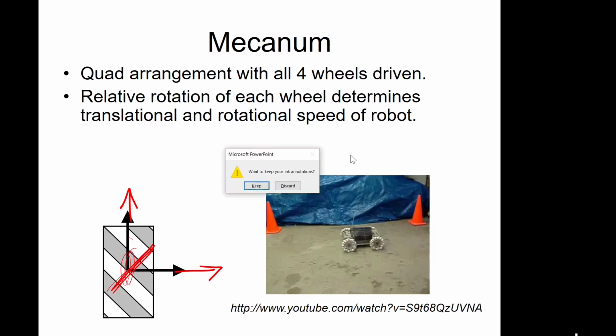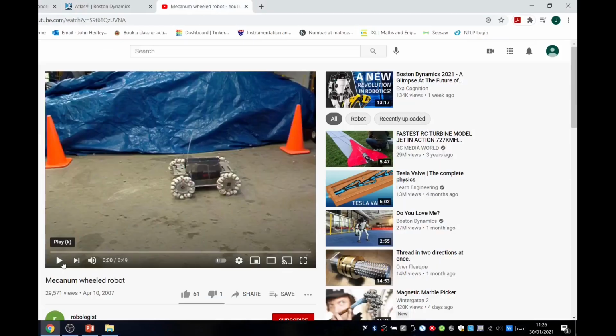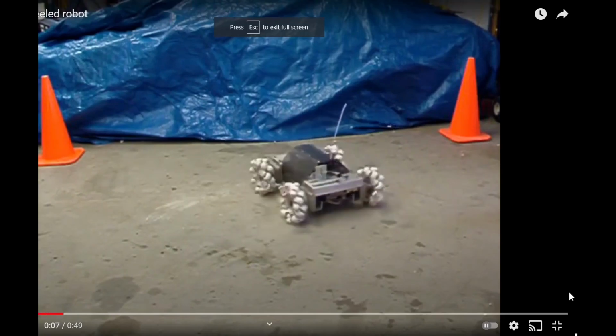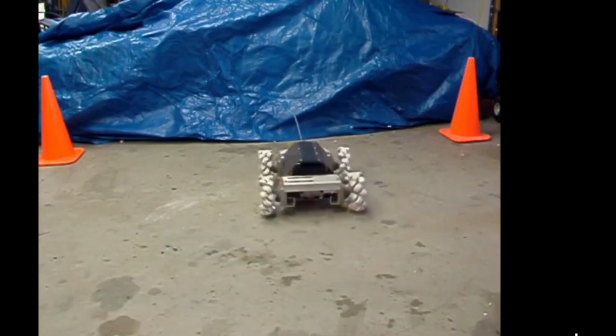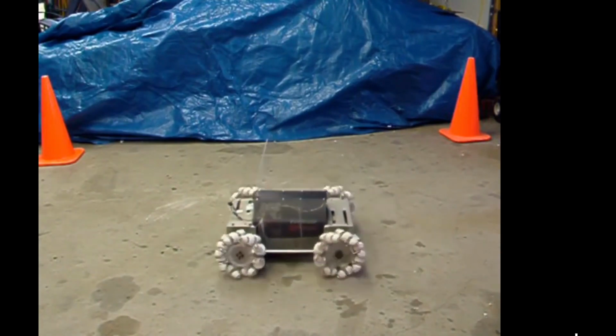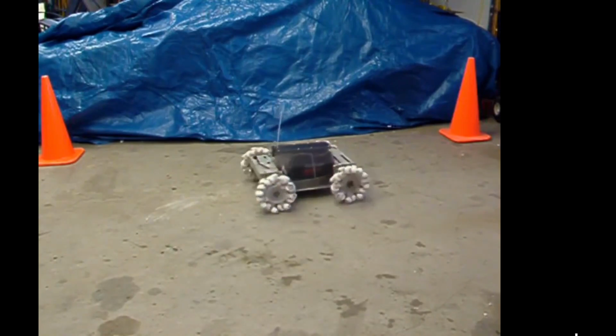So if I just get a video up of that to demonstrate. So that's your typical forwards, backwards and turning. That's what you'd expect from a normal wheel. But then when you drive them in a particular way, you can actually get the thing to move sideways as well.